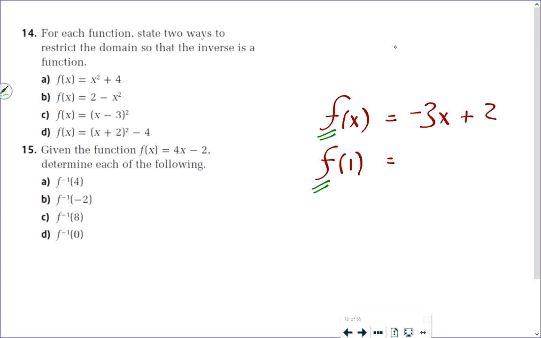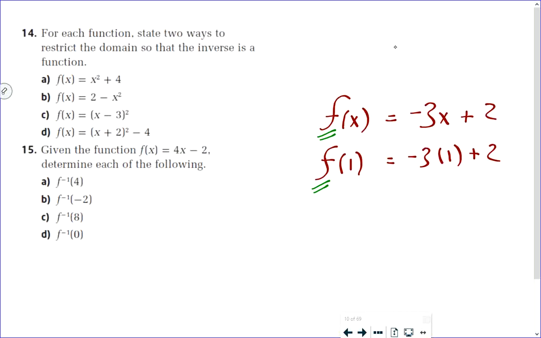And I can see you looking back and forth here. Don't worry about that just yet, okay? So what that means is I find the function f, and it's right here, and I replace every x in the function with 1, and I get negative 3 times 1 plus 2, and that works out to negative 1. But what it works out to is not my point. It's equal to whatever that works out to.